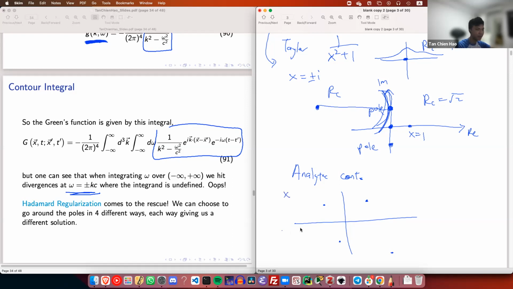Say we know the Taylor expansion about this point, but because of this pole over here, the dots are the poles, and this is the center of the Taylor expansion.